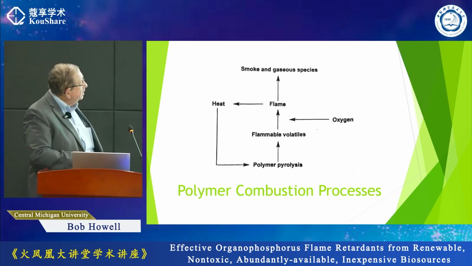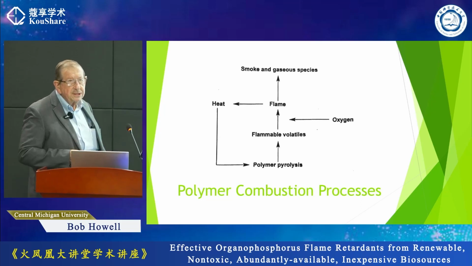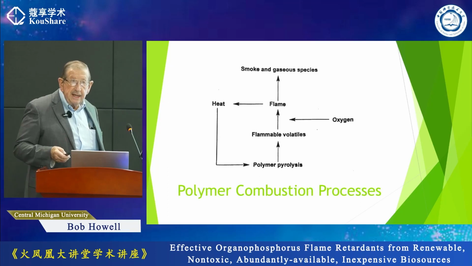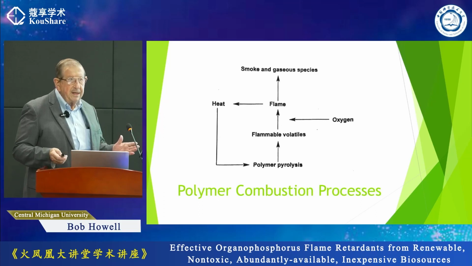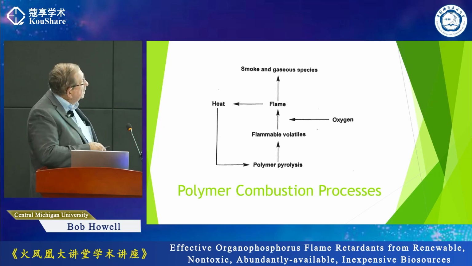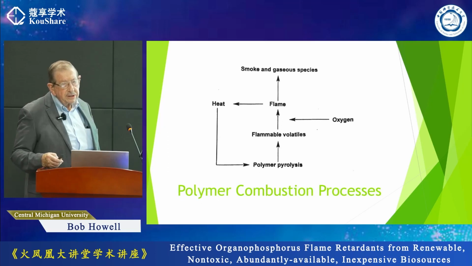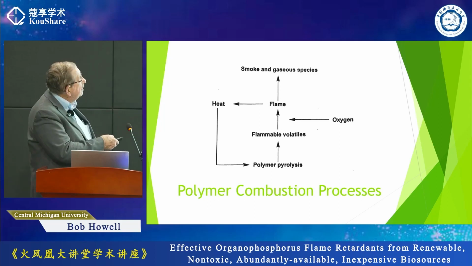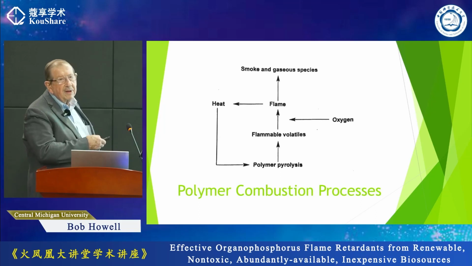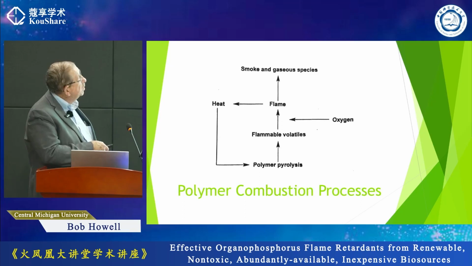That thermal degradation generates small molecule units which get to the gas phase, mix with oxygen, and if the temperature is sufficiently high, ignition temperature or above, then combustion may be initiated. Combustion is a series of exothermic radical reactions, and heat and light are produced. We see the heat as flame. If combustion is not complete, we may also get some particulates that we see as smoke.